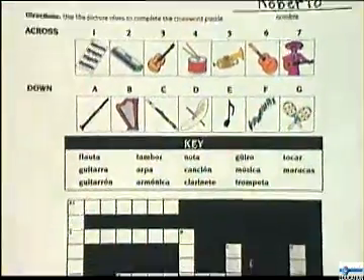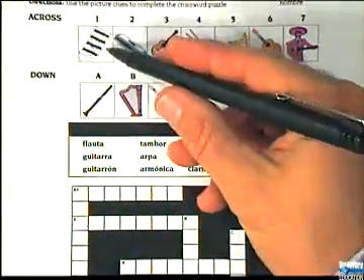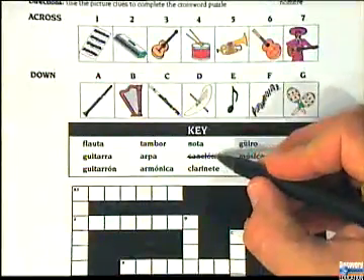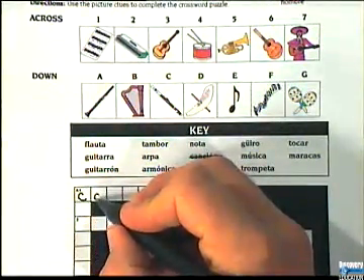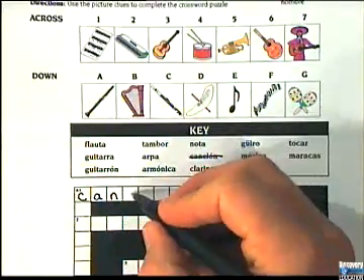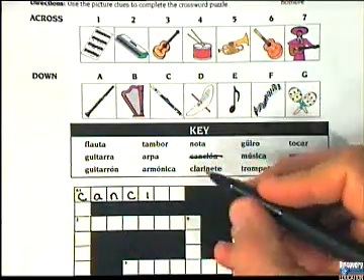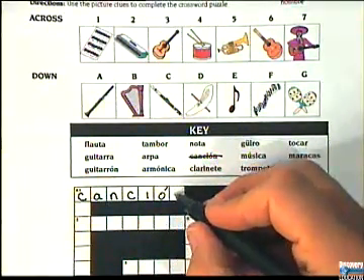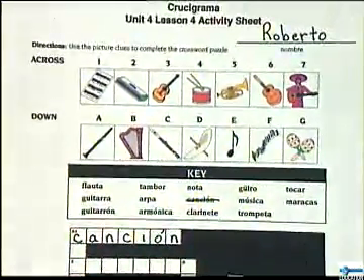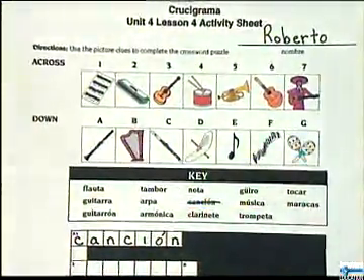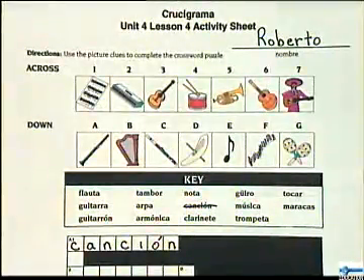And if you look down here in the key, you'll find the word in Spanish, canción, right there. That's going across, so C-A-N-C-I-O-N con acento, canción. And we have all of the words here in the key that you'll need. See if you can recognize as many of those as possible.